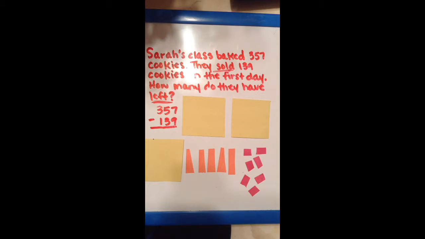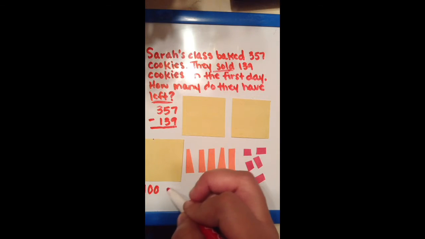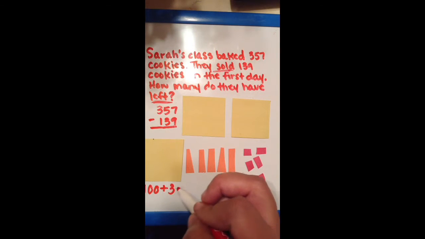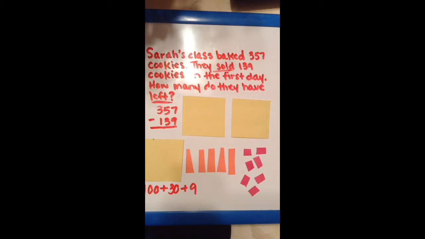First we need to break down 139. We know that there is 1 100, there are 3 10s, and there are 9 units. So we can right away take away that 100. Take one of these blocks away.